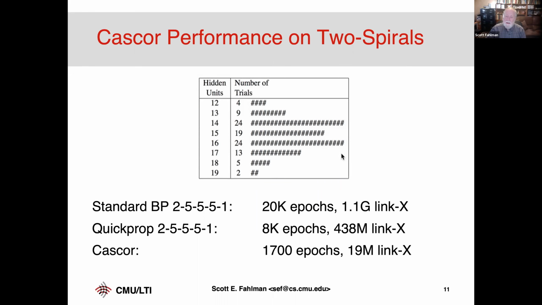Sometimes it builds 12 units, more typically 14, 15, 16. The smaller solutions tended to be smoother, so we favored those, plus it was faster to train. But this is the histogram of, over a bunch of trials, what size network this thing built in order to get that problem perfect on the training set.